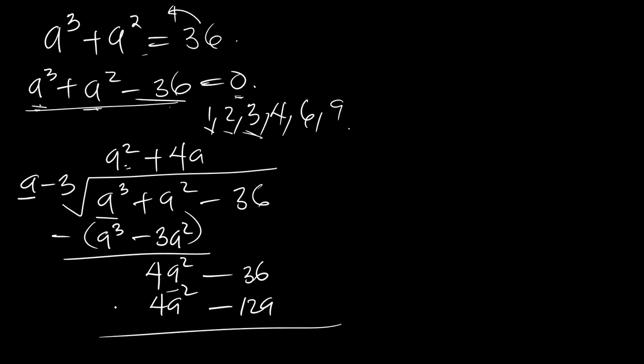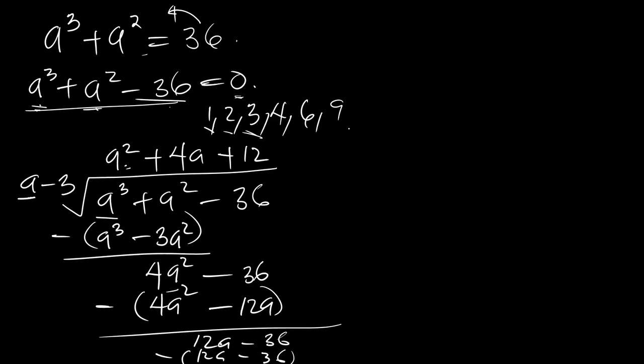Now if you subtract this will cancel out, you have plus 12a minus 36. Now a divided 12a, you have plus 12. So plus 12 times a, you have 12a. So plus 12 times minus 3, you have minus 36. So if you subtract, this will give you 0.